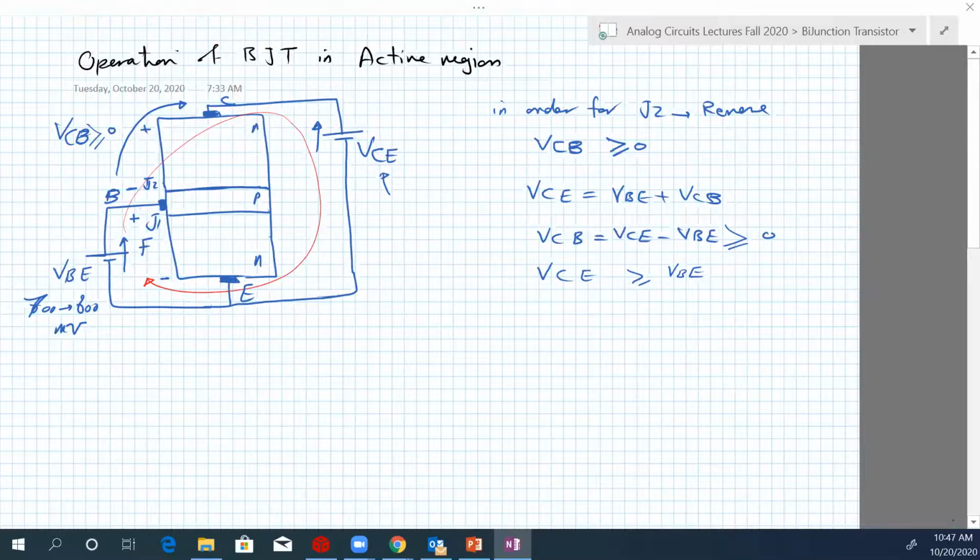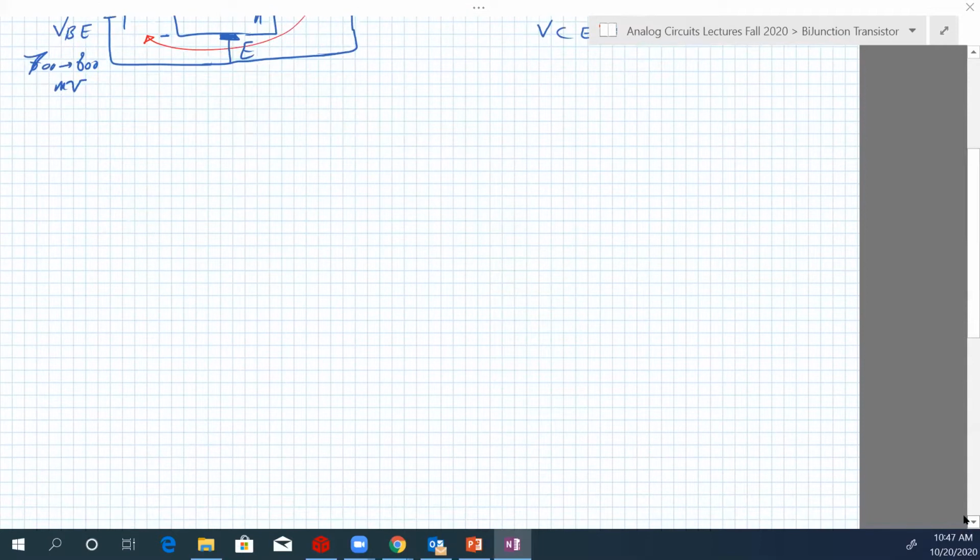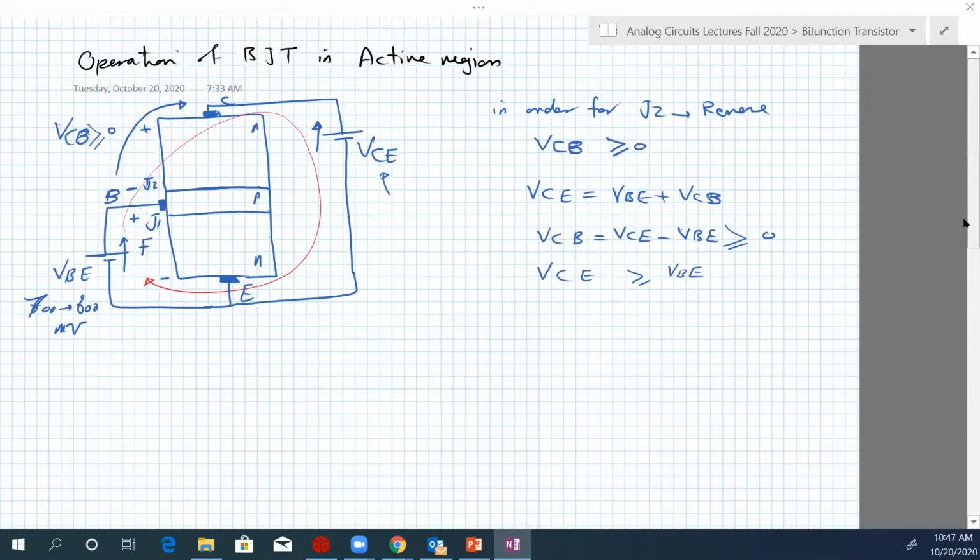Now let's apply the two principles that we saw in the last slide and see how this is going to operate. We said that the emitter is heavily doped, and this junction is forward bias.